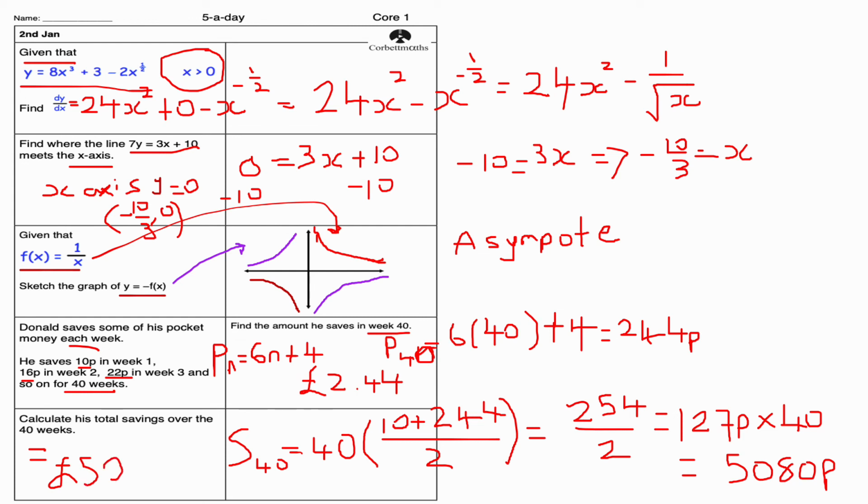So Donald saves a total of £50 and 80 pence over the period of the 40 weeks, based on his saving progression. So he starts off with 10p, then 16p, then 22p, then 28p, then 34p, etc., etc.